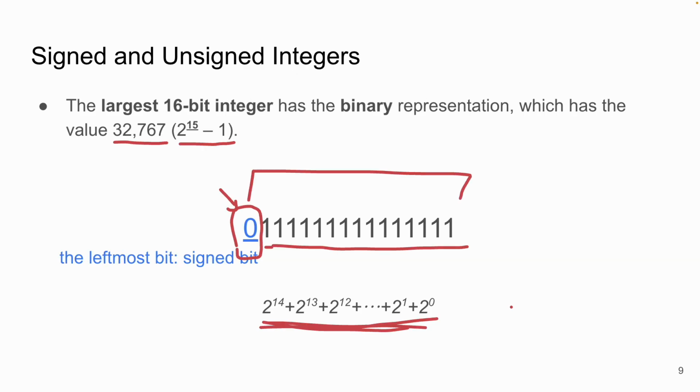However, a quicker way to calculate this is to rewrite this calculation into this. These two values are actually the same. To get the sum, we just need to advance 1 digit: we calculate 2 to the power of 15 and then minus 1. And this number will equal the result of this calculation.